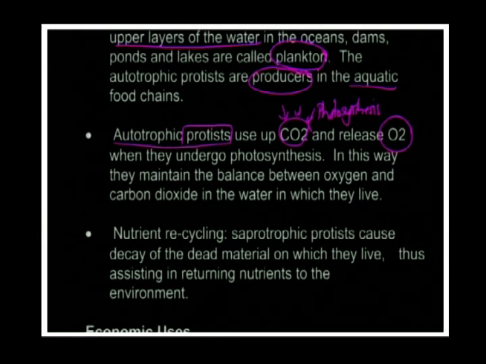And as a byproduct of photosynthesis, they are releasing oxygen. This is a very, very important process. By means of their photosynthesizing, autotrophic protistans are playing a very important role in keeping our oxygen and carbon dioxide levels balanced. Effectively, they are providing oxygen for us.